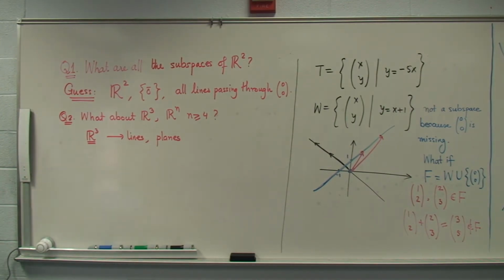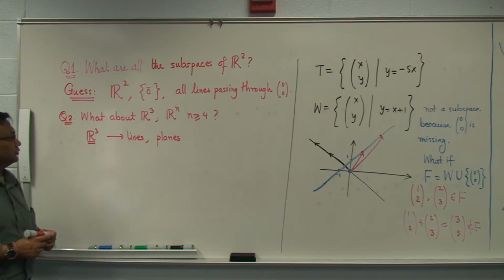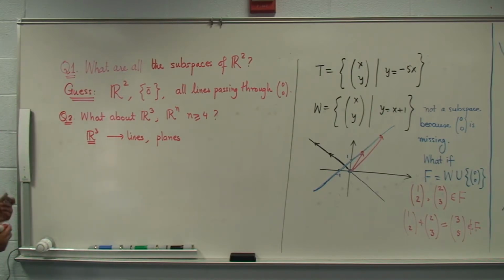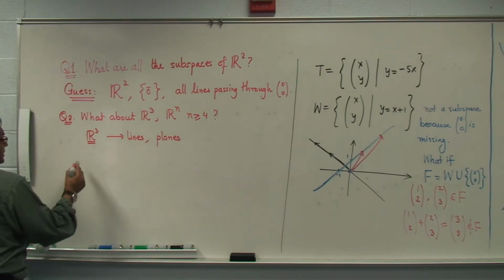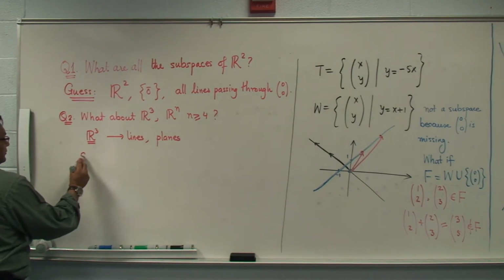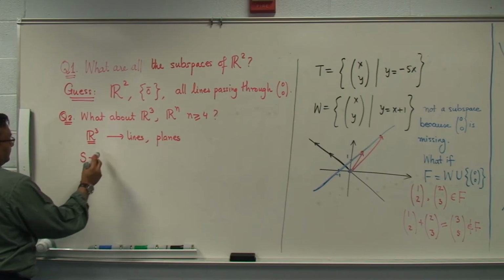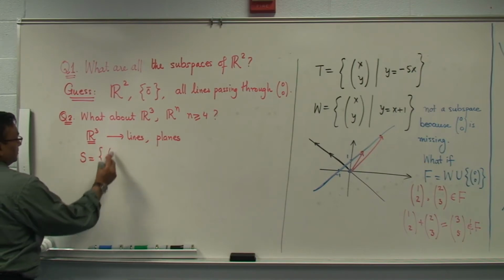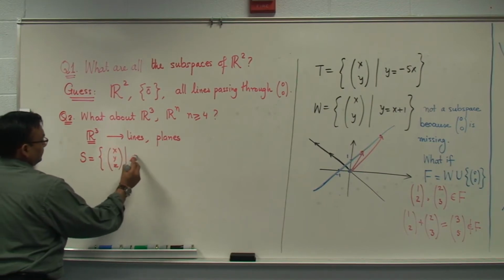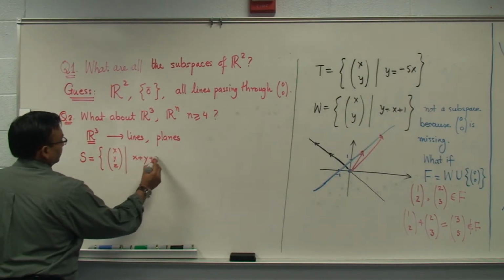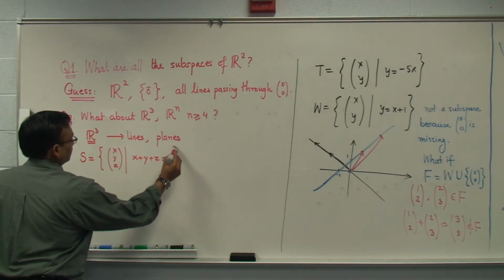Lines we have seen seem to work in R2. Will they work in R3? Perhaps they will. What about planes? Will planes be a subspace? So let's think of a plane of the form x plus y plus z equals 0.